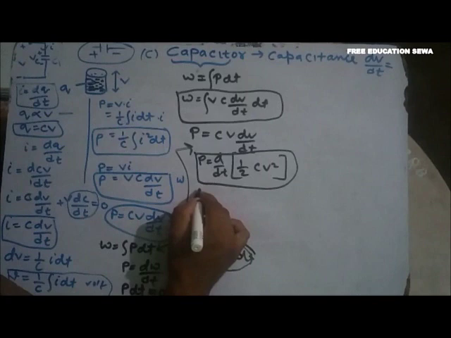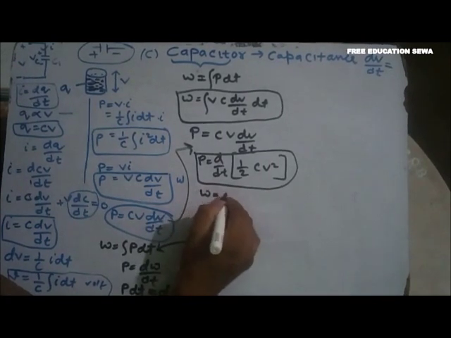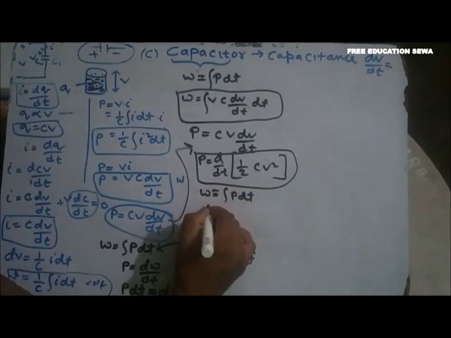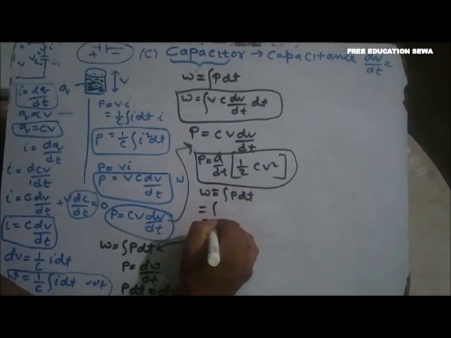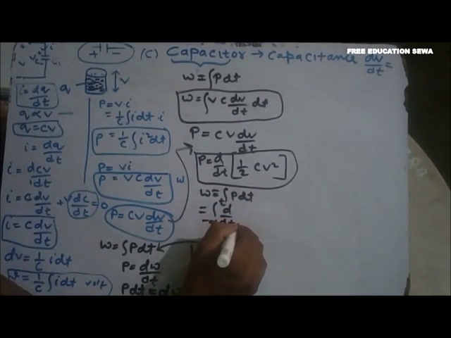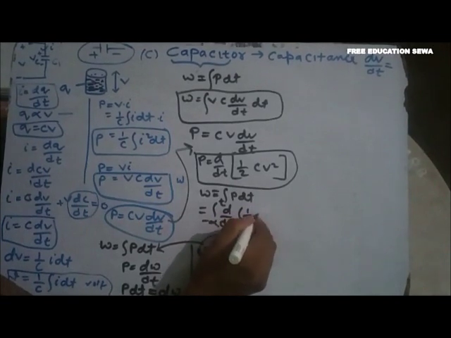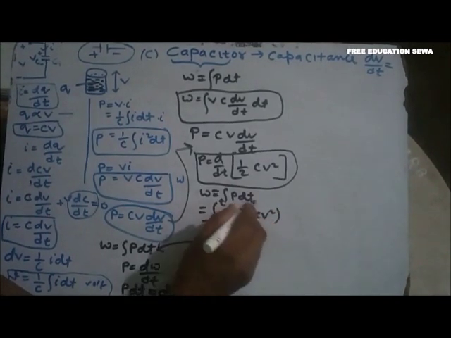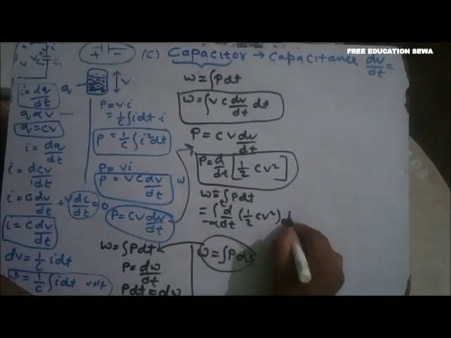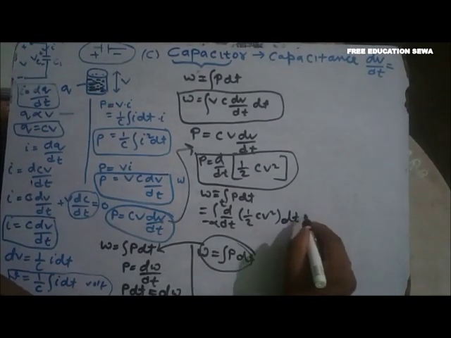We know that W equals integration of P dt equals integration of d by dt of half CV square dt.